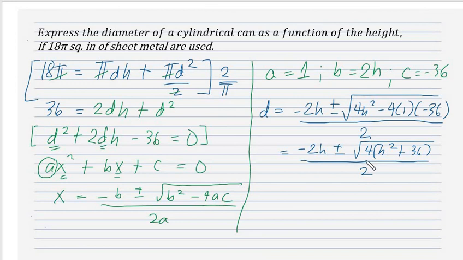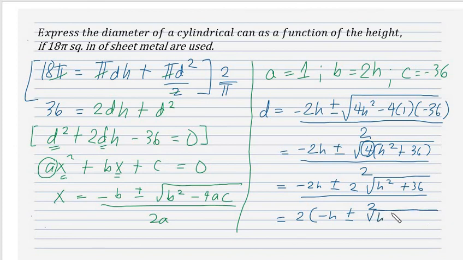The square root of 4 is 2. So we'll have negative 2h plus or minus 2 square root of h squared plus 36, all over 2. So what happens is 2 will cancel out. We will factor out 2. We have negative h plus or minus the square root of h squared plus 36, all over 2.